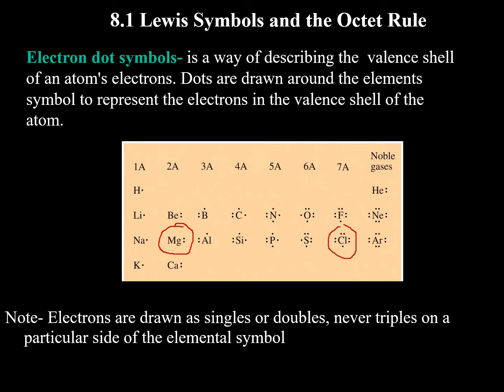In total it has 17 electrons, but only 7 are on the outside. And you can draw the electron as a single electron or as a double, 2, but no more than 2, as we know intuitively we should only have 2 electrons in an orbital.